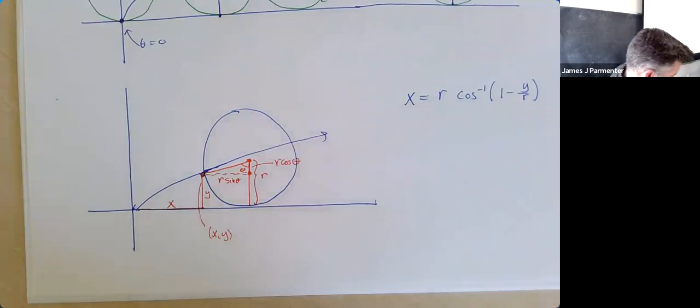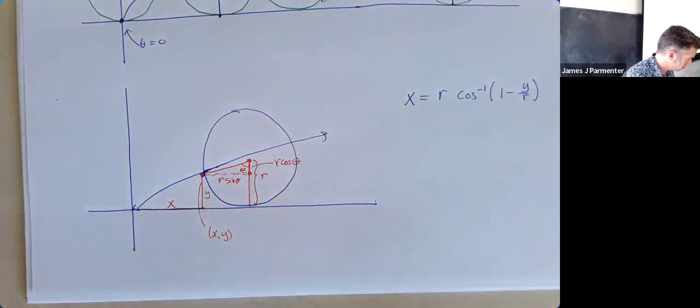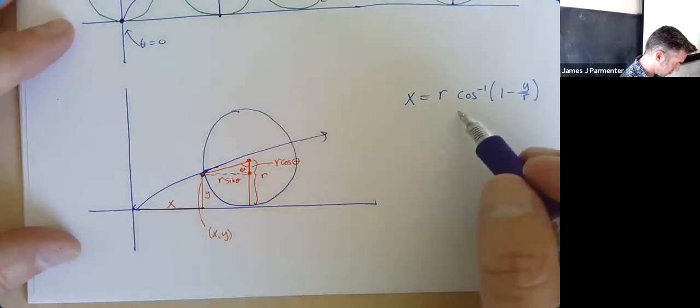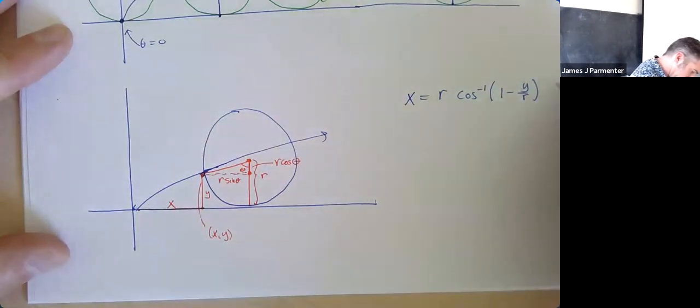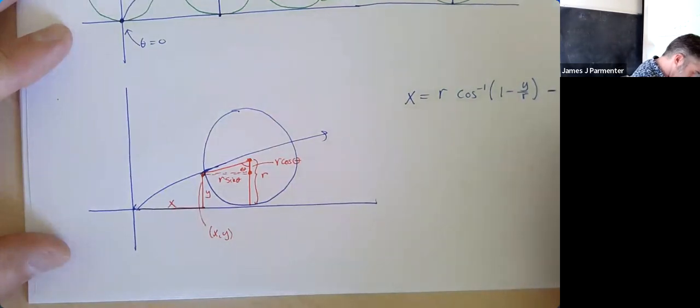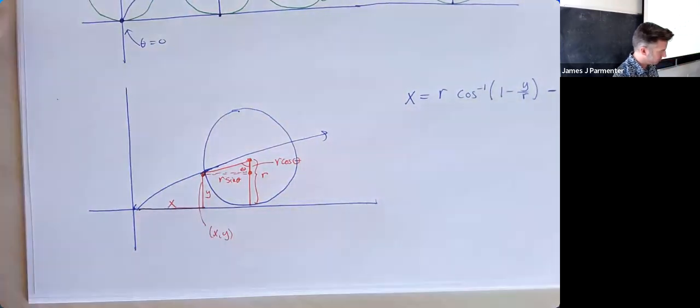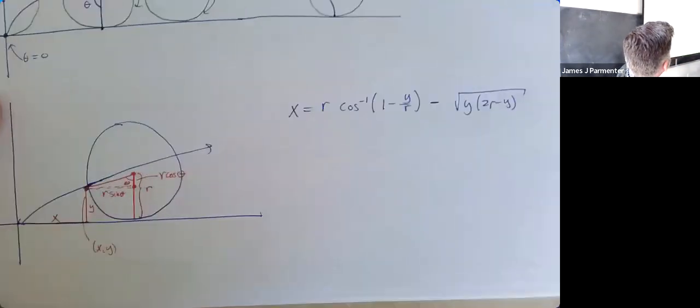I don't love that at all. Oh, that's because it's not all of it. It's really complex. Sorry, there's even more: minus the square root of y times 2r minus y. That seems terrible. Nobody likes that.